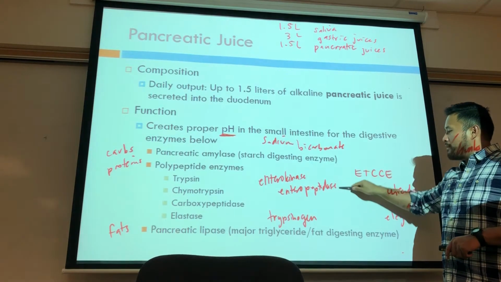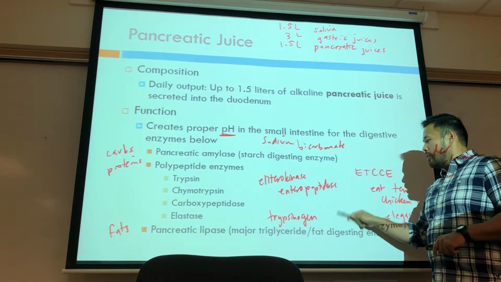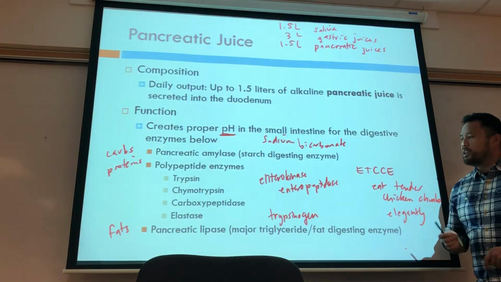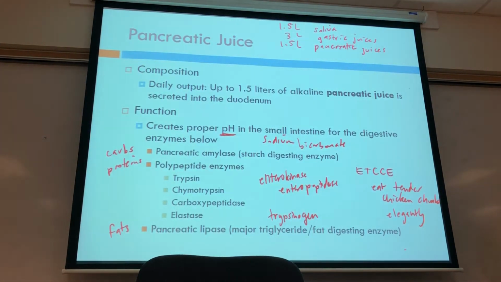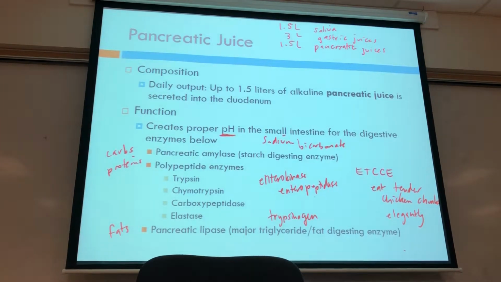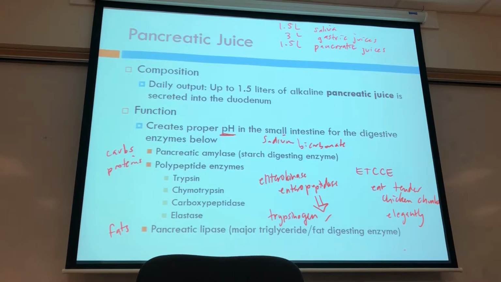Enterokinase comes in and finds trypsinogen and cleaves off a bunch of proteins, leaving you with a very small enzyme called trypsin. So this is where these come in to cleave and turn it into trypsin. And trypsin is now activated to help cleave your proteins.